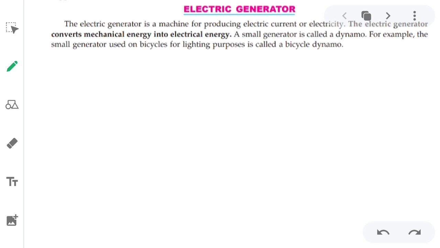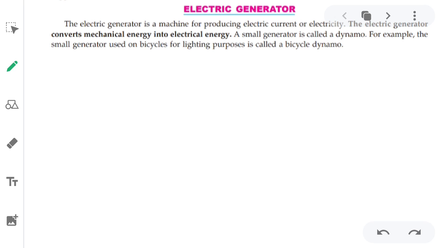And what does an electric generator do? An electric generator converts mechanical energy into electrical energy. How does it convert mechanical into electrical? This we will see when we study the working and construction of the generator.